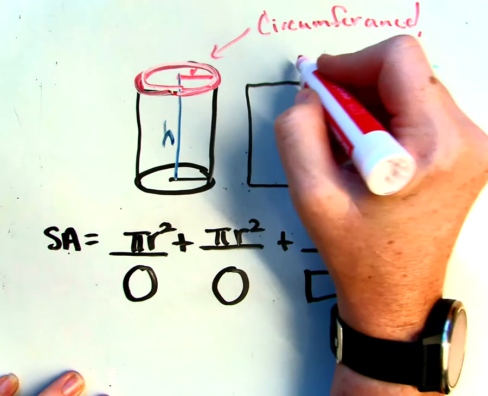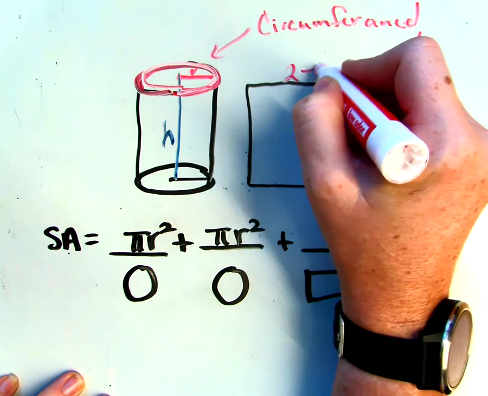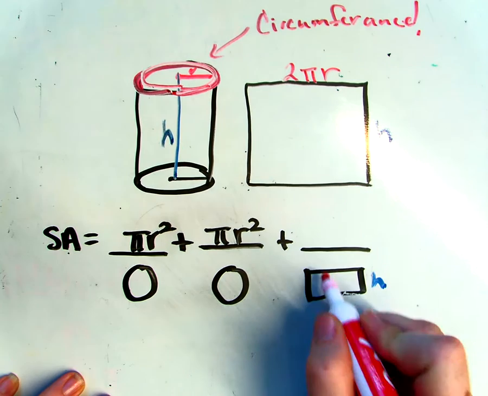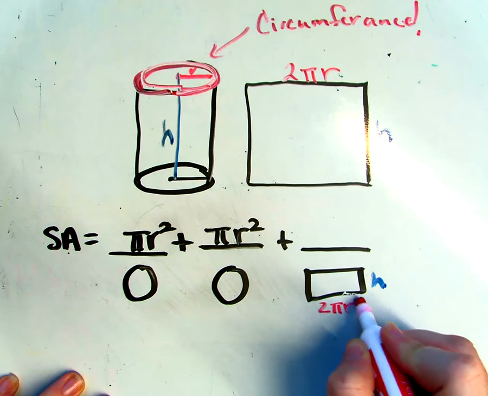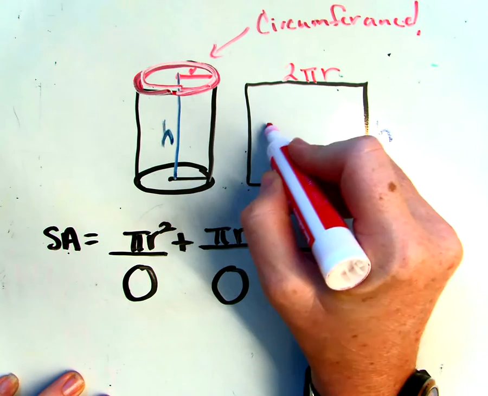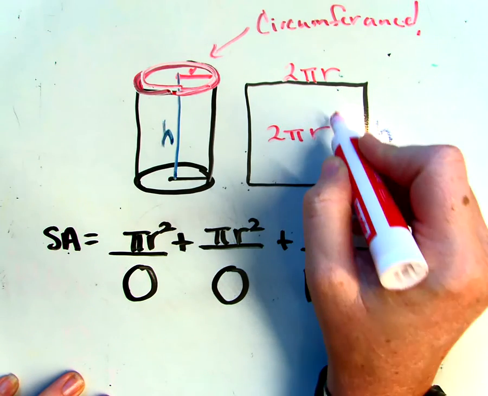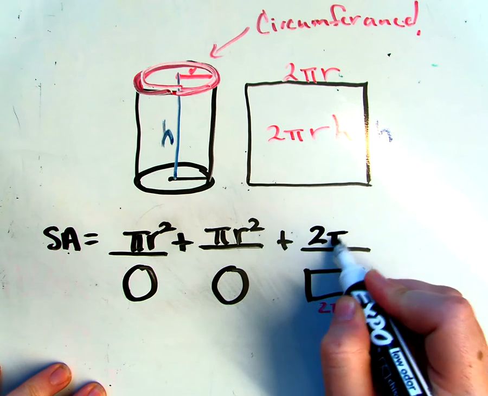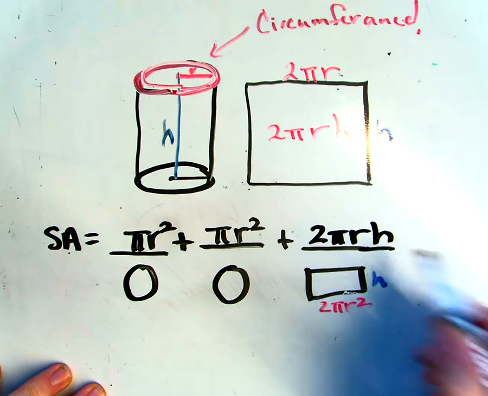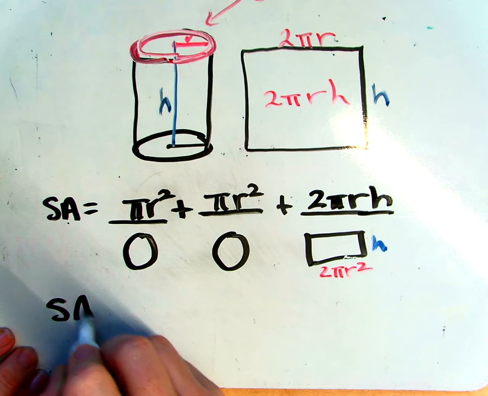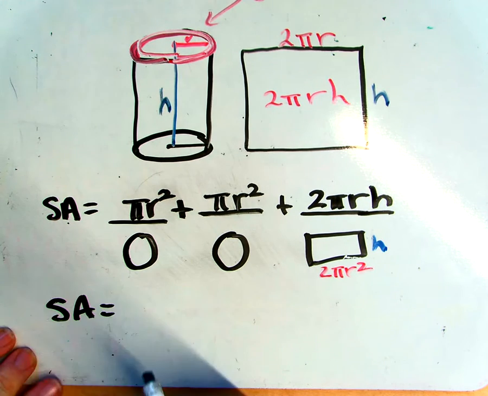Okay? And so we know the circumference formula is 2 times pi times the radius. So if I want to find the area of the rectangular piece, I just do base, 2 times pi times the radius, times height, and I end up with 2 pi r h. And so I can find the surface area of a cylinder with a nice easy formula.